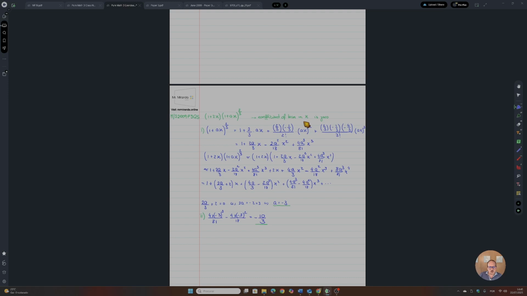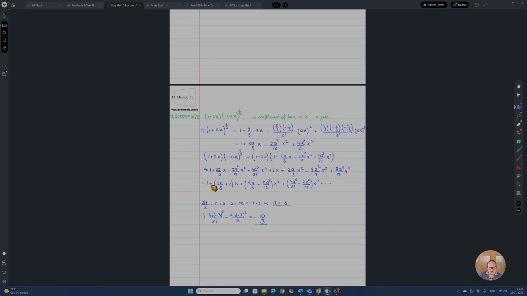And what do I know? I know that I need to get the term with x when this is multiplied by that. So I'm now going to substitute whatever I expanded, and I multiply by 1 plus 2x. I just cross multiply, get everything that I got, and then I put together like terms.